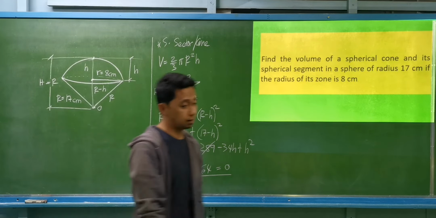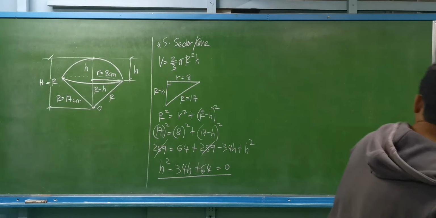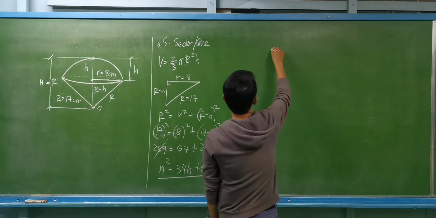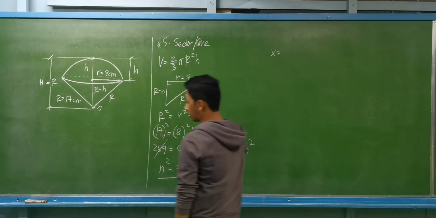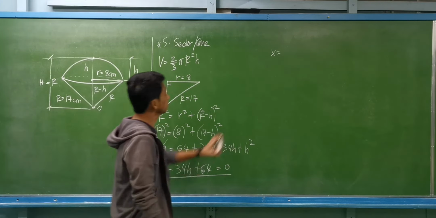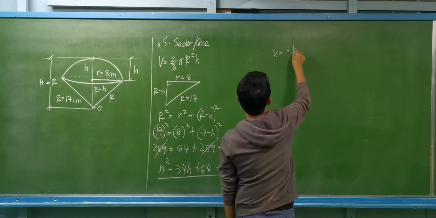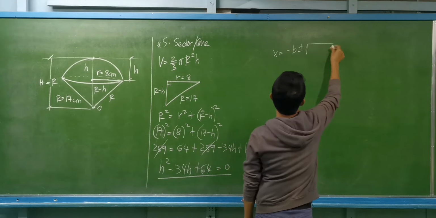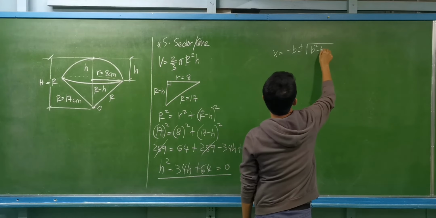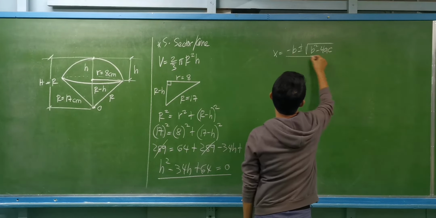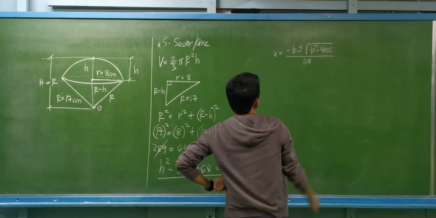So we will be having two values of h. We can compute them using the quadratic formula. The quadratic formula for the roots is equal to negative b plus or minus the square root of b squared minus 4ac, all over twice the value of a.